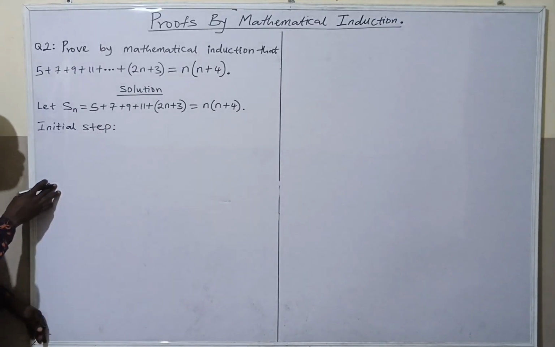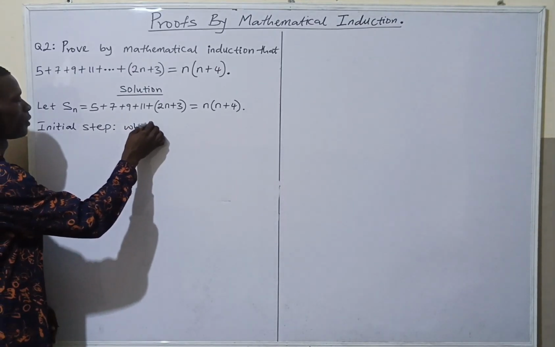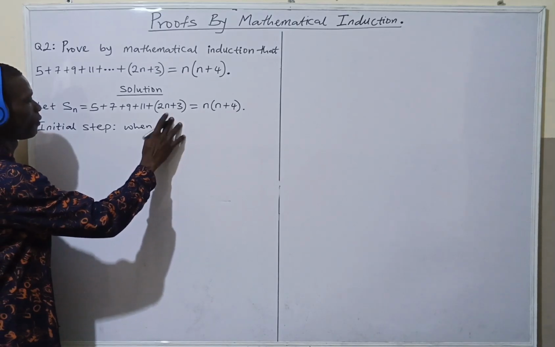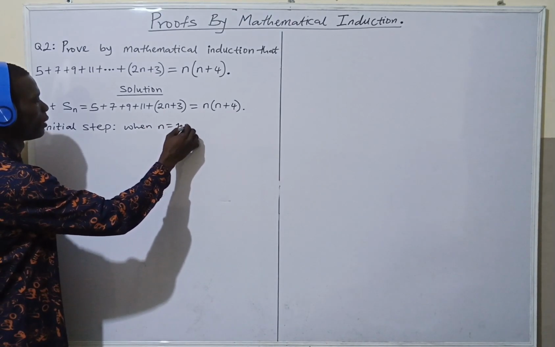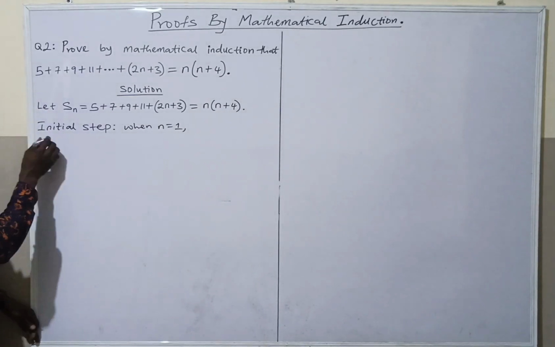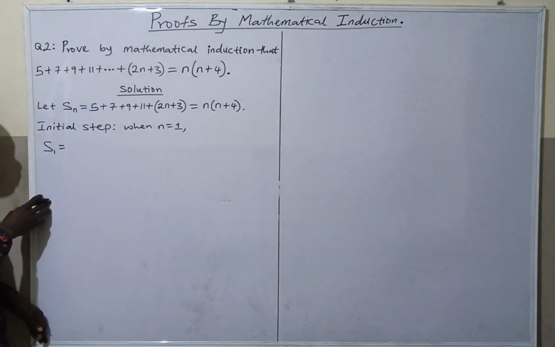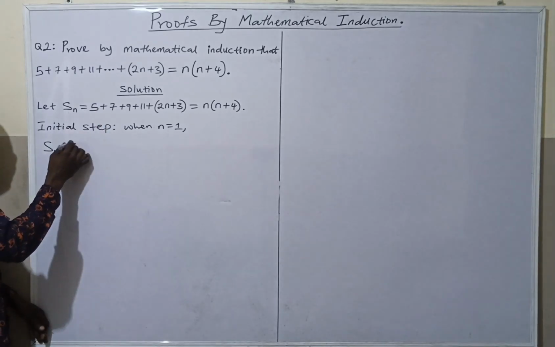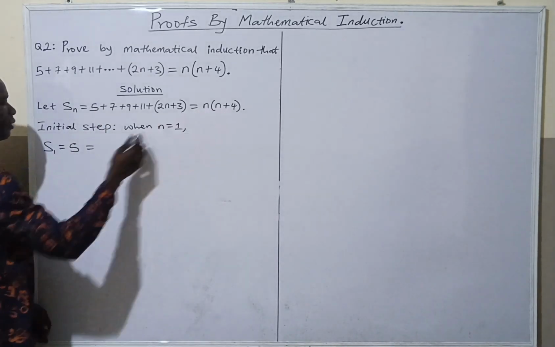Initial step. When n equals 1. That's the initial step. So we're going to be having S subscript 1 equal to, the first thing here is just 5, and it must be equal to what we'll be having at the other side of the equal sign.